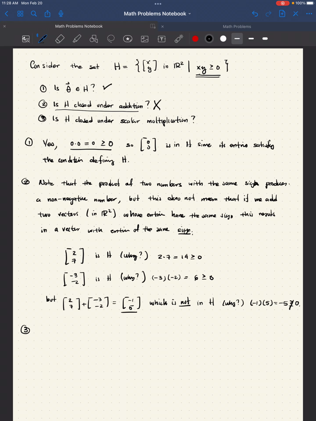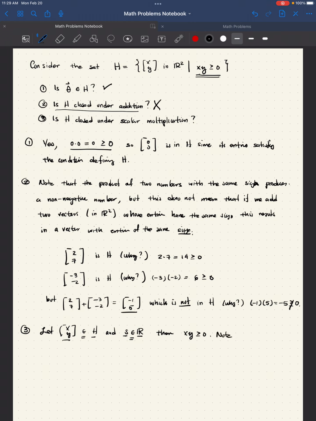I'm going to start like this. Let (x, y) be a member of H and s a scalar, so a real number. This symbol denotes that the vector is in this collection, this vector is in H, and this number is real. Then we have that x times y is greater or equal than 0.